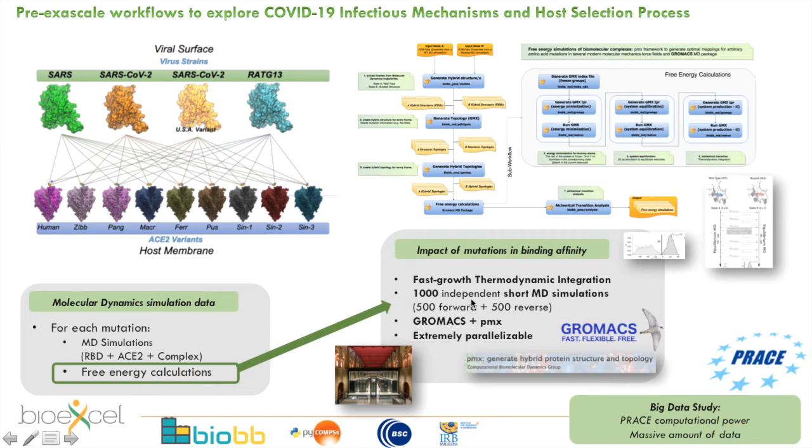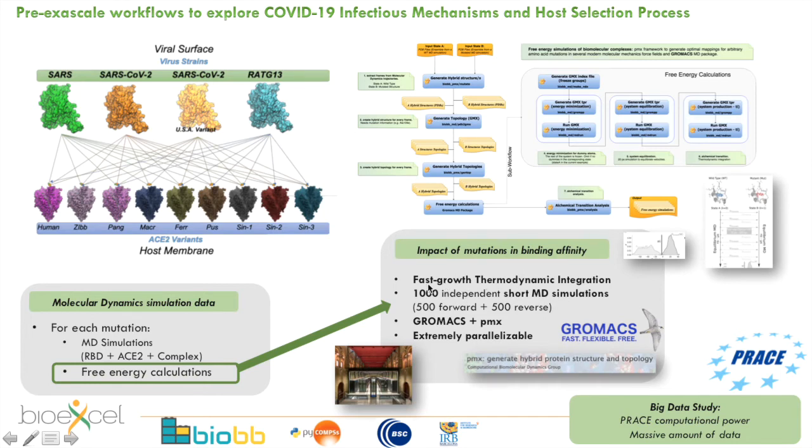That means a number of independent short molecular dynamic simulations, in this case we run 1000, but this is completely a parameter that the user can, of course, modify. This is done using GROMACS and PMX, and it's extremely parallelizable because all of these short simulations are independent.